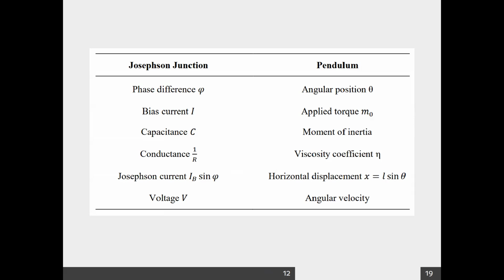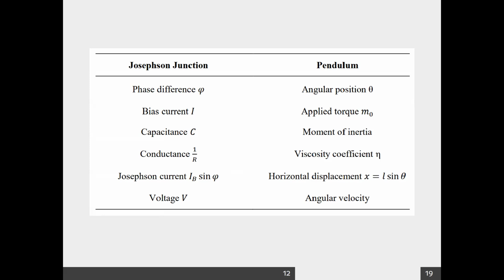There is proportionality between capacitance and moment of inertia. And then there is conductance versus viscosity coefficient, phase difference and angular position, and so on, and bias current and applied torque, which means external force pretty much.